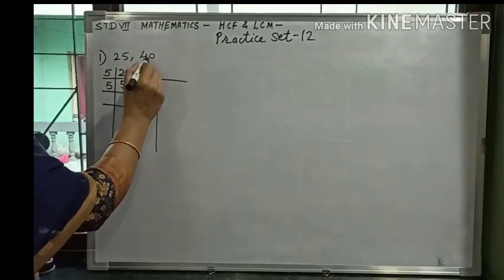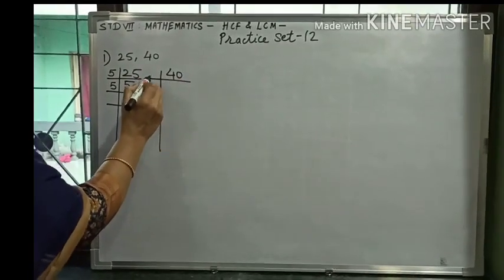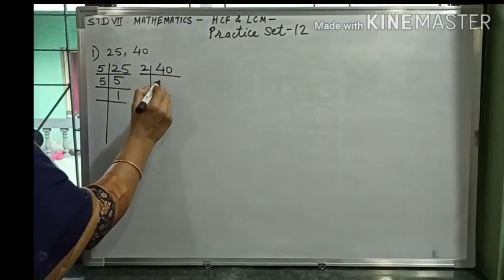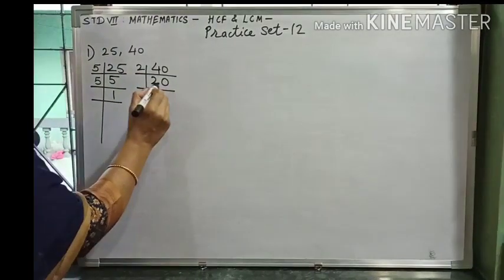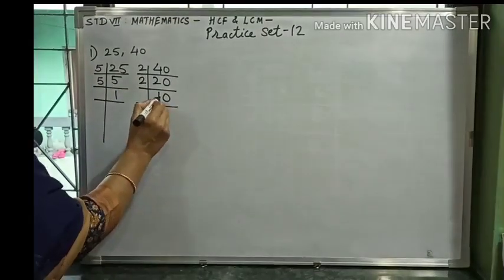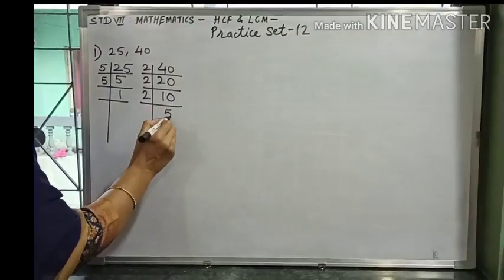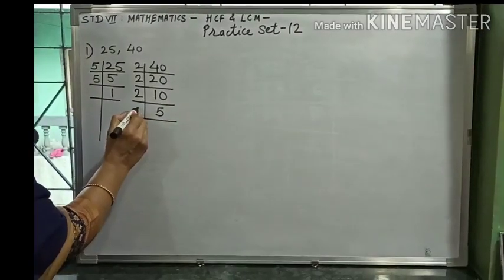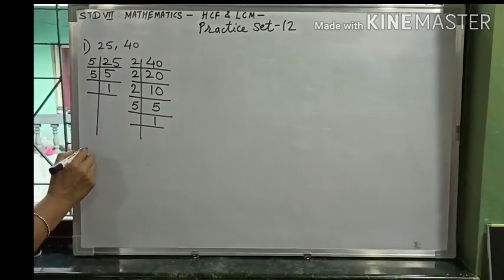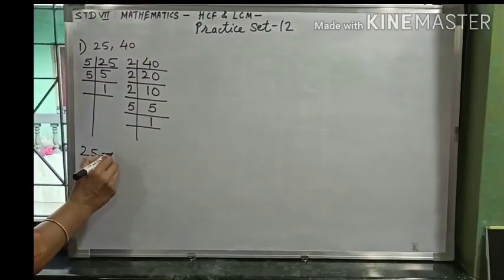Now find factors of 40. Let us start from 2. If you divide 40 by 2, here you will get 20. 20 divided by 2, 10. Then again 10 divided by 2, 5. 5 is a prime number. 5 1s are 5. Now we will write these factors in this way.